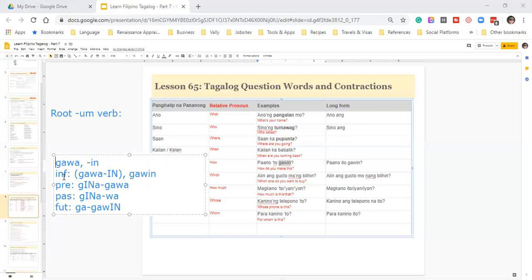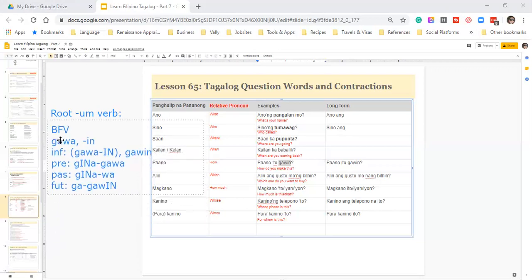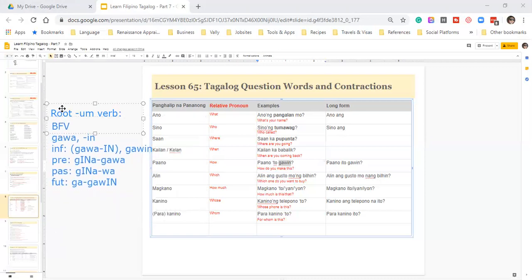Let's say this is BFV, definitely. I'll show you the OFV for this. For example, the same gawa. Verb.